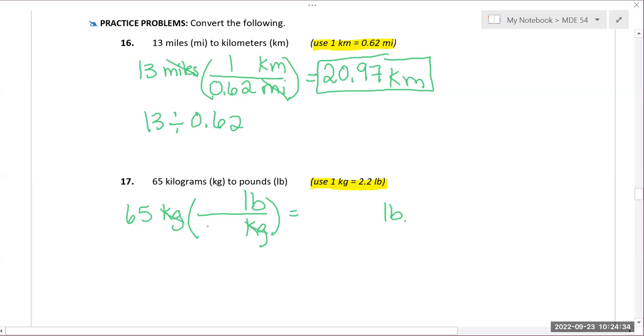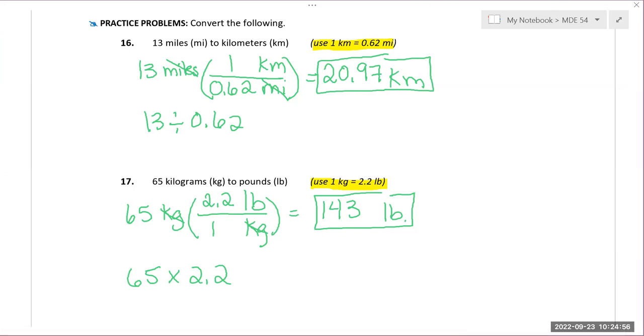Then I put my conversion. 1 kilogram is 2.2 pounds. So 65 times 2.2. And that gives me 143 pounds. All right, so that concludes the metric and then converting American to metric.